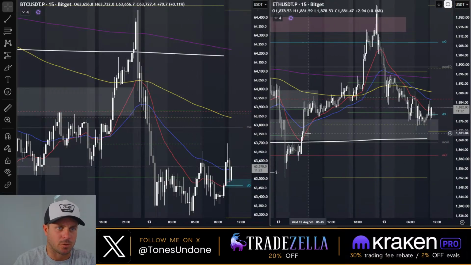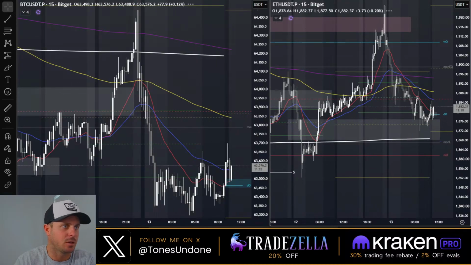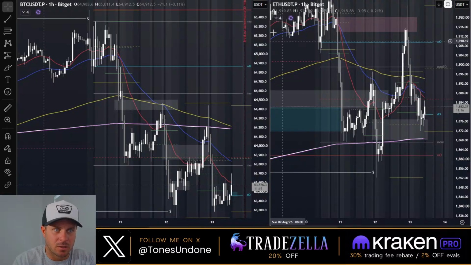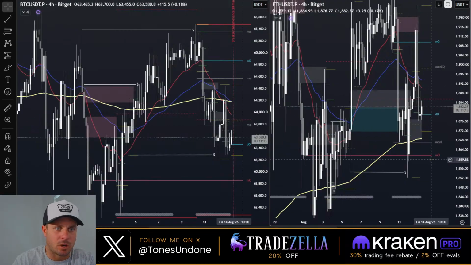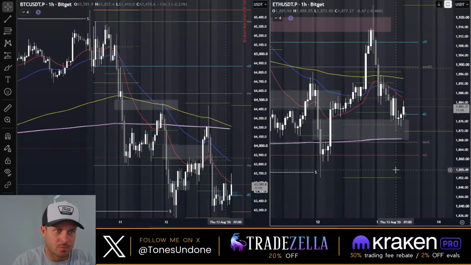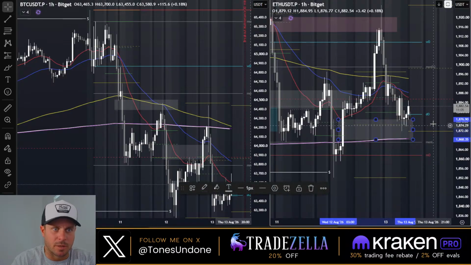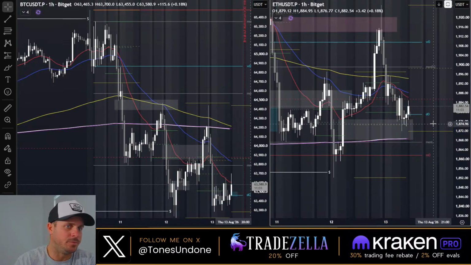This was more so an inverse fair value gap here on the high time frame. Not 1 hour, maybe 4 hour. Where did I mark it on? All right, just this imbalance, let's say.